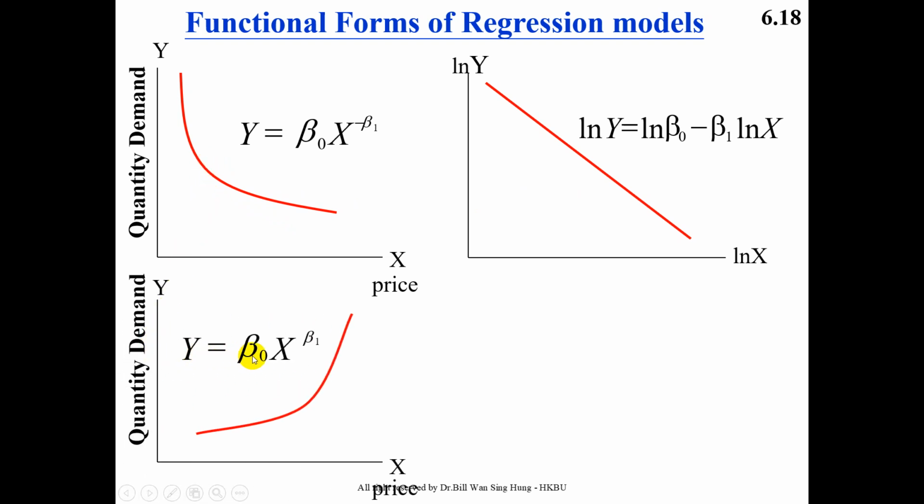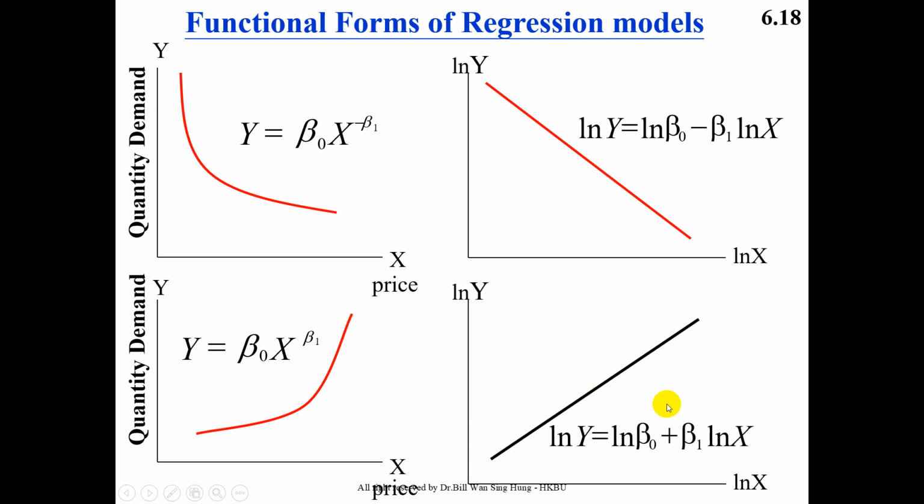And if we have a function form like this, when b is positive, then the function form will be like this. And again, for the log-log model, here beta 1 is negative, here beta 1 is positive, so the slope of the regression line here is negative and here it is positive.